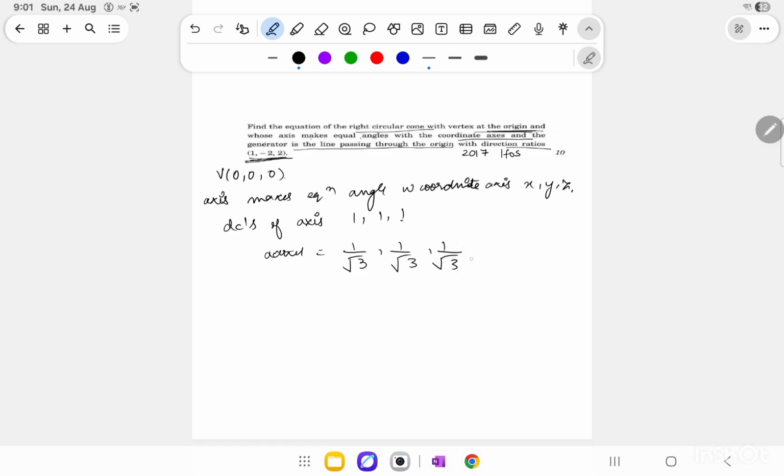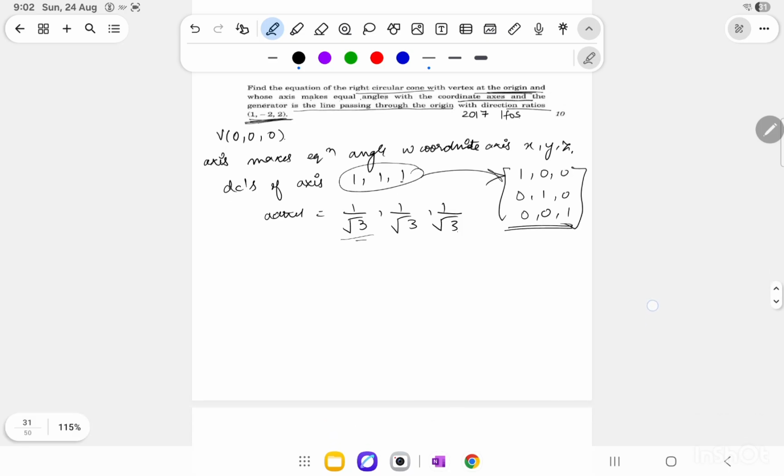You can calculate these by assuming this as 1, and we know the direction cosines of the x-axis are 1, 0, 0, of the y-axis 0, 1, 0, and likewise 0, 0, 1 for the z-axis. So you can use these two pieces of information together, because it makes equal angle with all three axes.